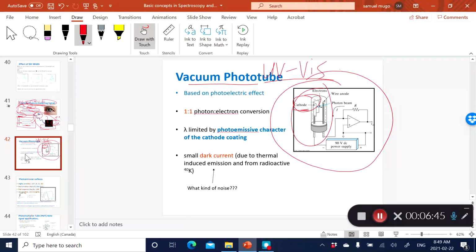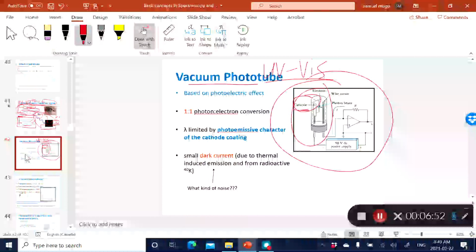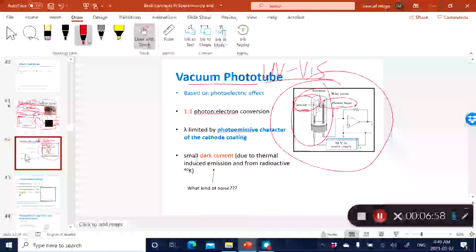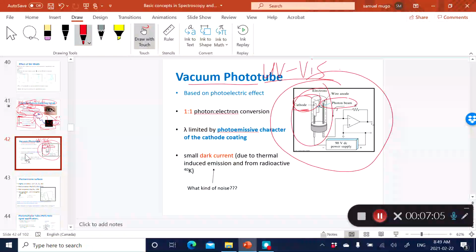Now that cathode, you coat it with a material that is fairly easily ionizable when it is impinged with a photon beam. And if you look at the periodic table, you can easily tell what type of materials are easily ionizable. And so look at the periodic table and look at the term which you know from Chemistry 102, ionization energies.